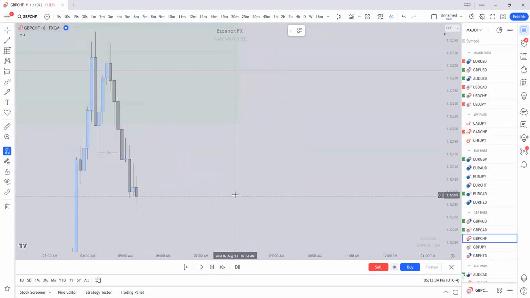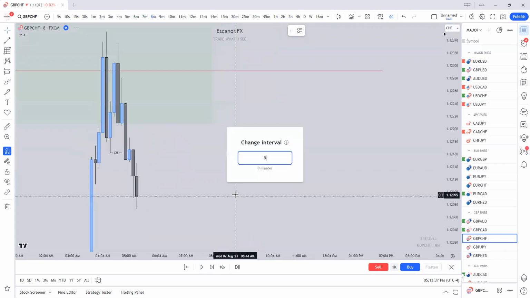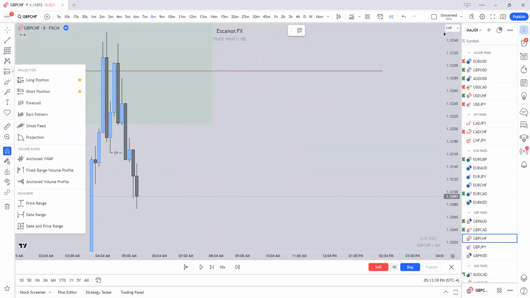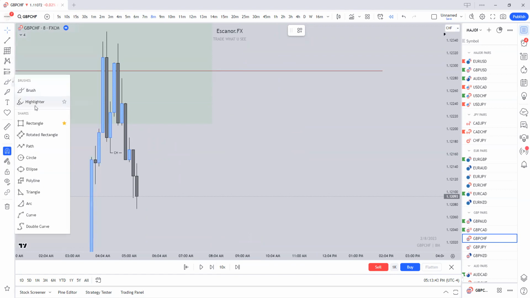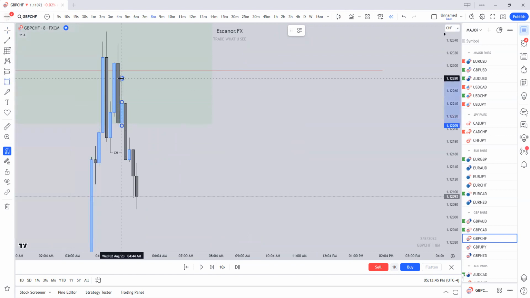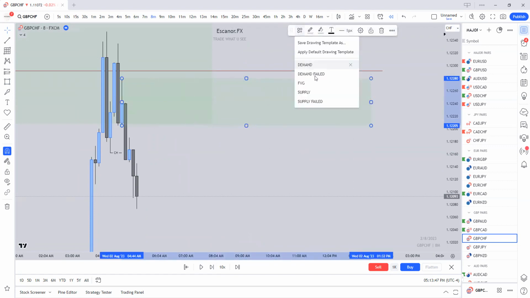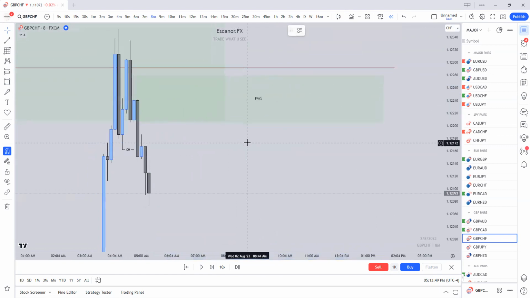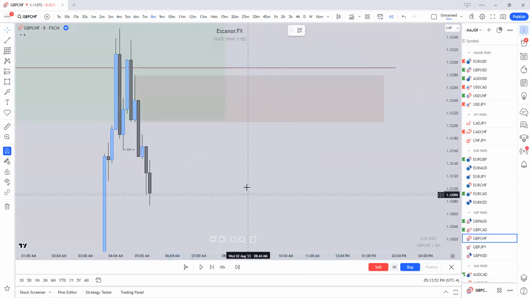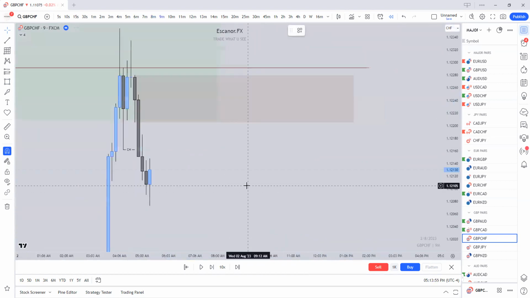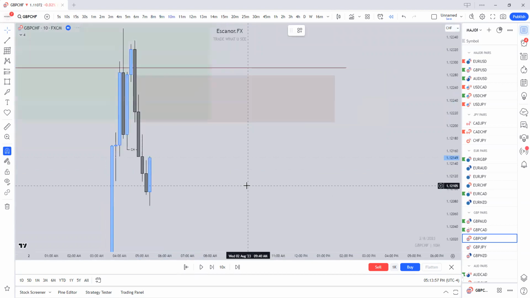So the 7 minute, 8. On the 8 minute, we have a clear order block. This is our valid supply zone, or order block, to take a short from. Sorry, this is our supply. Let's check other time frames: 9, 10.